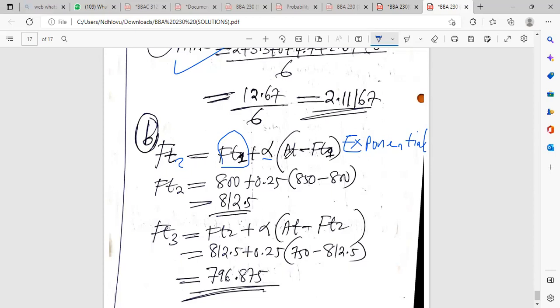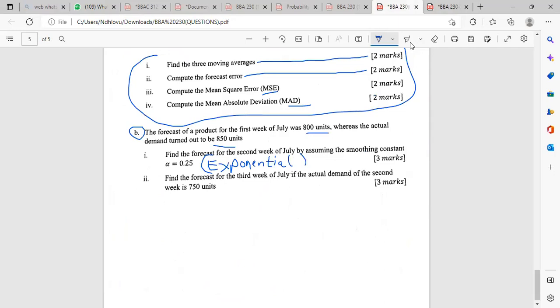So AT is the observed value in that period, minus FT1. So this is the forecast for a period, the alpha level, then we have the observed value minus FT1. So here they're saying the forecast for the first week of July was 800 units, whereas the demand for that same week turned out to be 850.